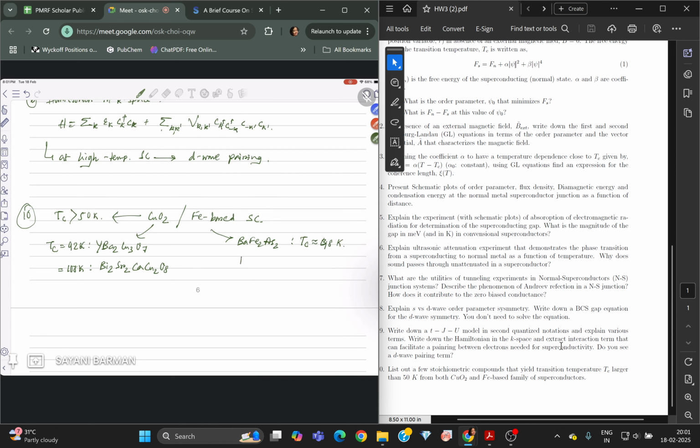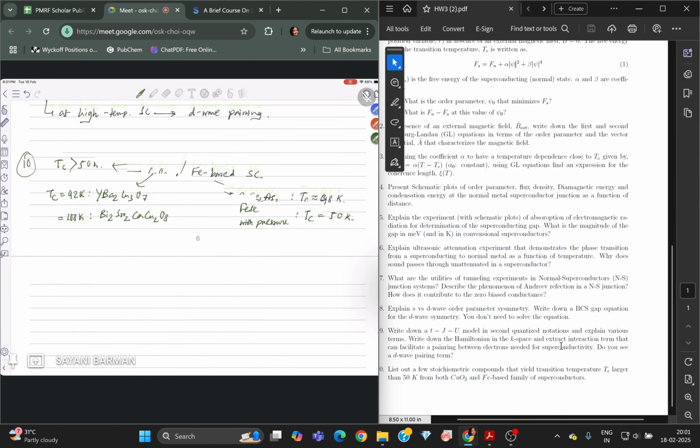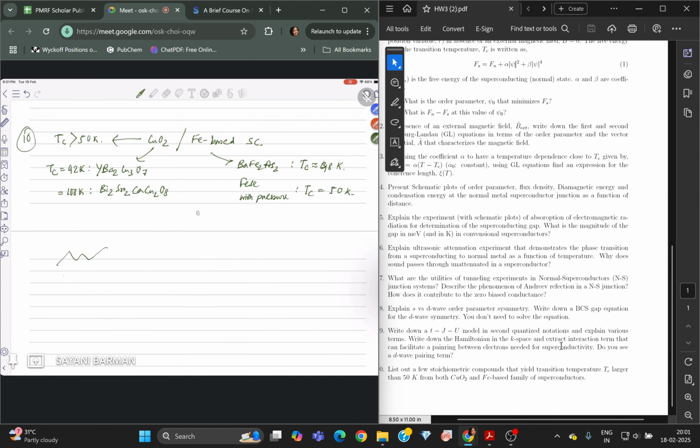And FeSe with pressure: when pressure is applied, this shows a Tc of around 50 K. So basically cuprates and iron-based ones are both layered materials.